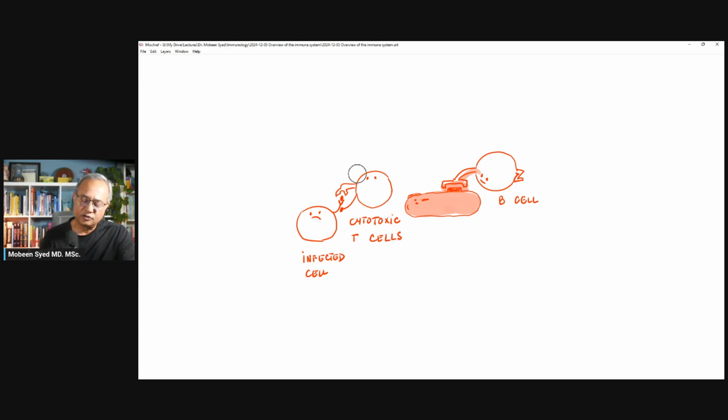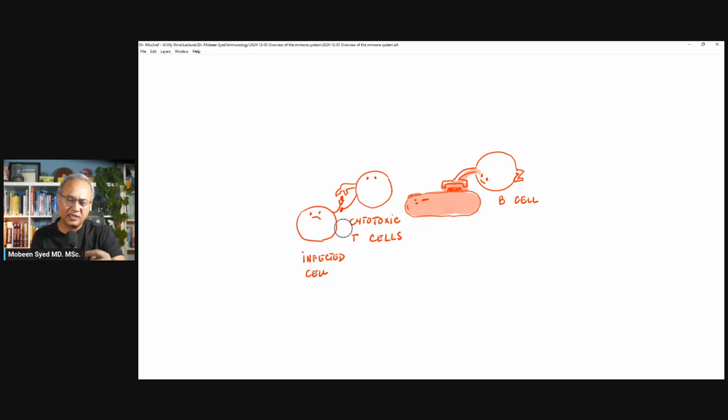Similarly, here is a cytotoxic T cell. And imagine that there is some infected cell which may be outside of the lymph node, and the cytotoxic T cell is bound to that infected cell. An infected nucleated cell can present the antigen, that is, whatever has entered that cell.